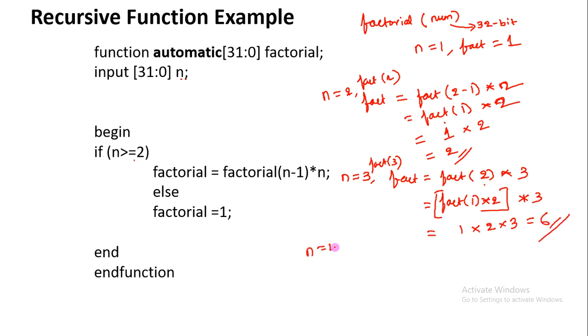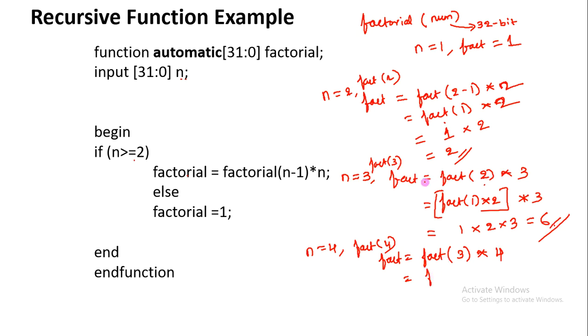Similarly, the last explanation I take for n equal to 4, which means you should invoke fact of 4. When fact of 4 is invoked, it will execute this particular statement. So fact is equal to fact of 4 minus 1, that is 3, into 4. So what is fact of 3? Fact of 3 is already, we know, 6, right? I'll just elaborate it.